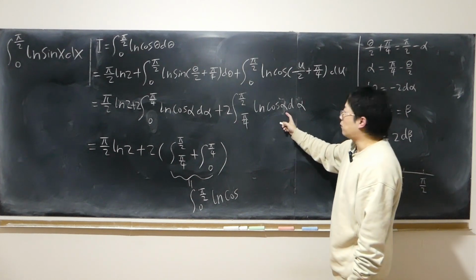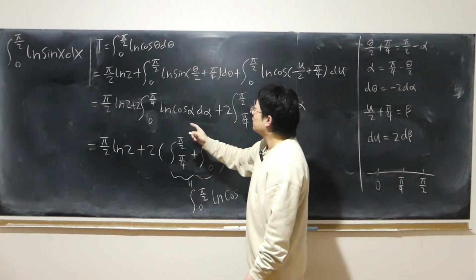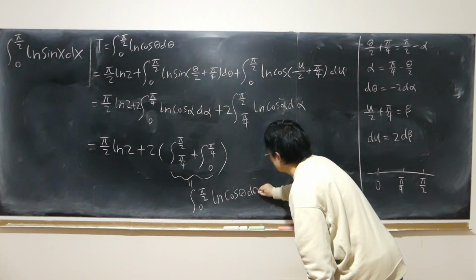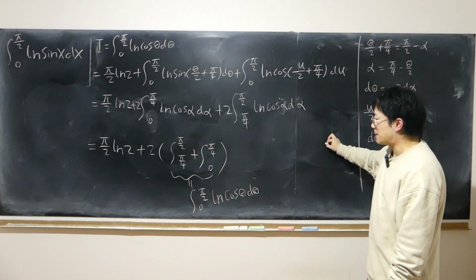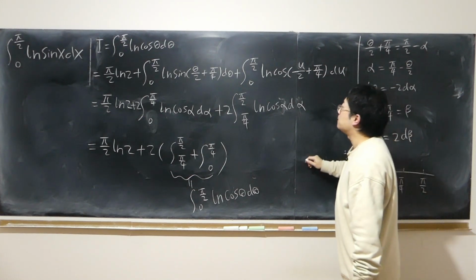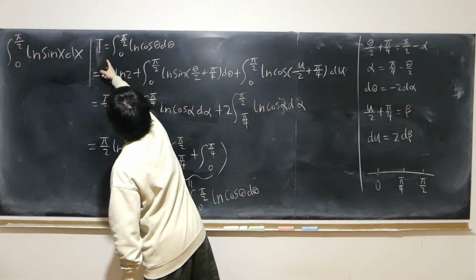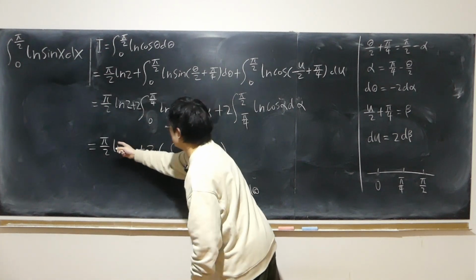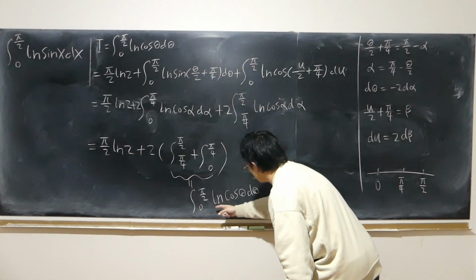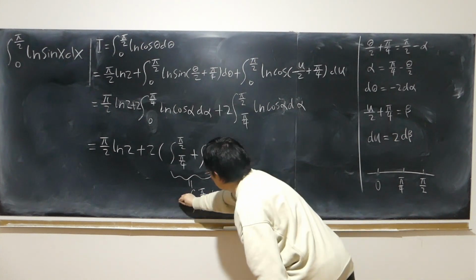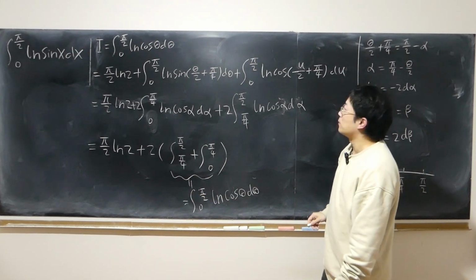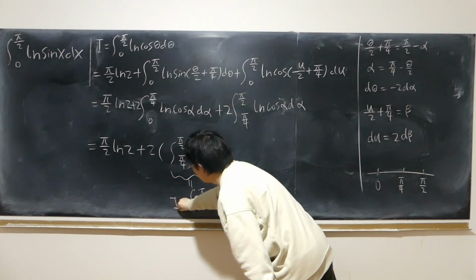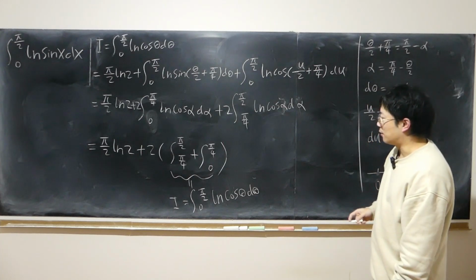Then I can change alpha consistently into theta. This is perfectly legal. So, in fact, I is equal to this integral, this plus twice of, what is this? Looks familiar. This is the desired integral. We get times 2.